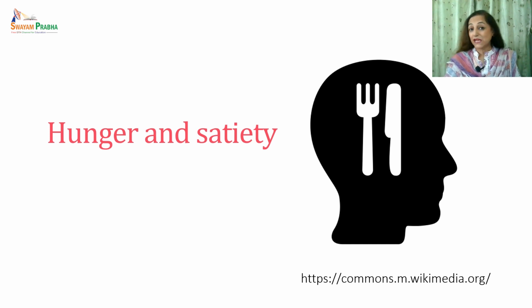The macronutrients which are present in our food, that is carbohydrates, proteins, and fats, actually send satiety signals to this center. And these signals are of varying degrees. So that is why when we take more fat in our diet, we feel satiated for a longer period of time. And another important satiety signal could be the total volume of food which we consume. We call it portion size of our meal.